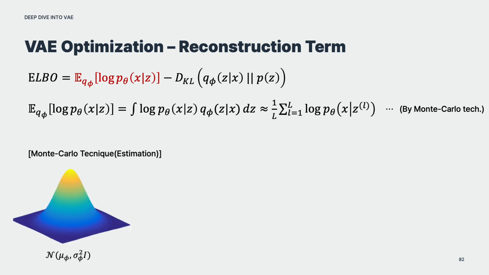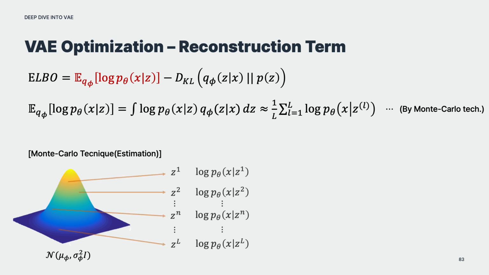Monte Carlo techniques, or Monte Carlo estimation, refer to the method of approximating expectations when direct integration is intractable. Instead of computing the integral analytically, we sample multiple z values from the distribution and compute corresponding values of p of x given z, then average them to approximate the expectation.